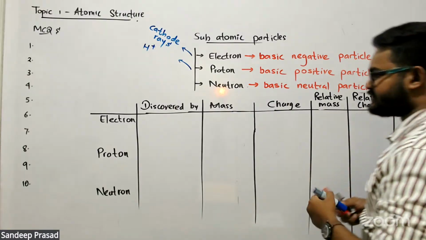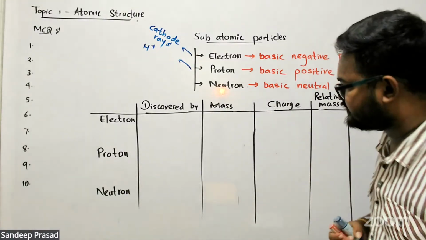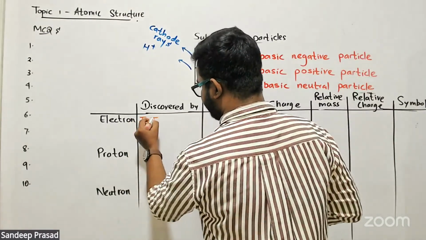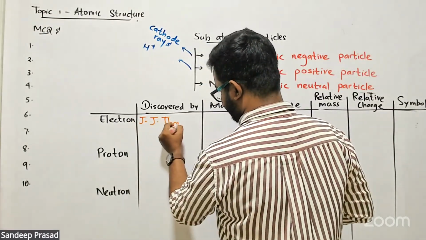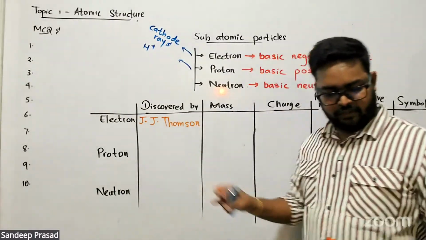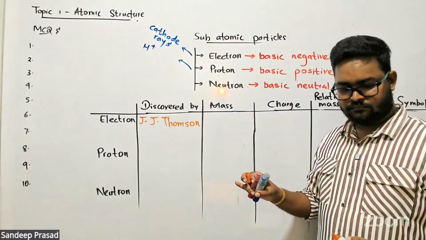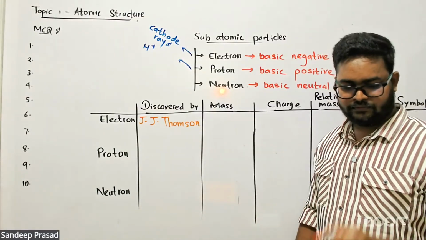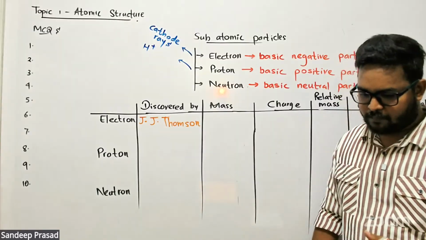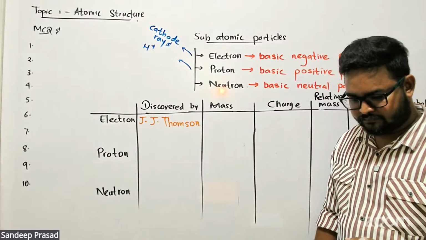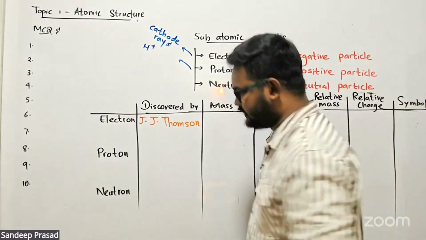And electron was discovered by whom? Electron was discovered by J.J. Thomson. Tell me, proton was discovered by whom? Anyone here? Proton was discovered by? Yes, very good, Ashfa.